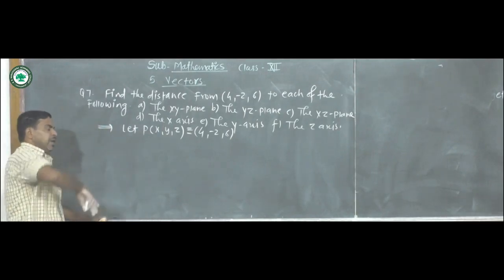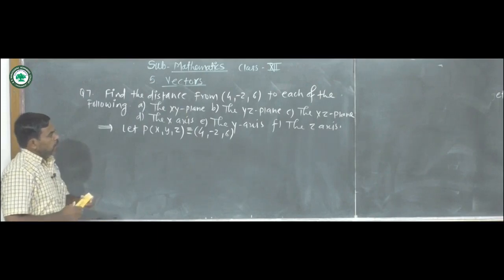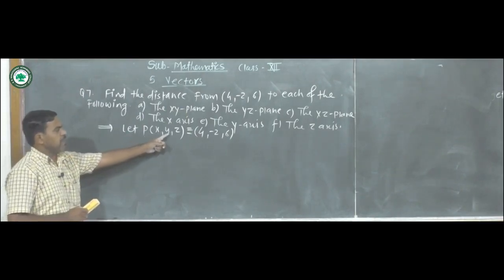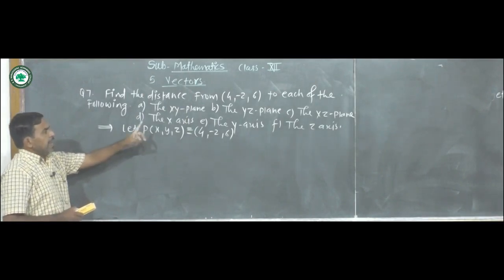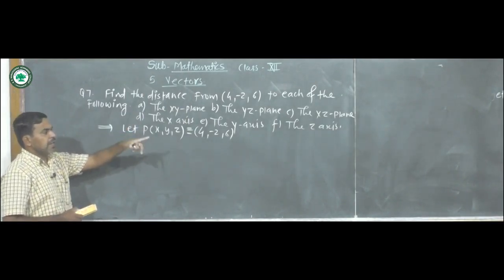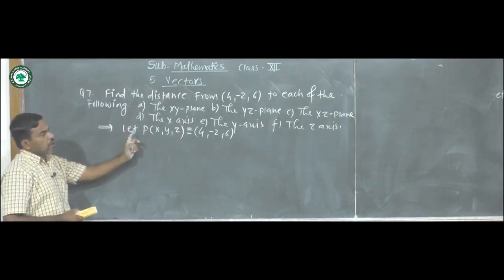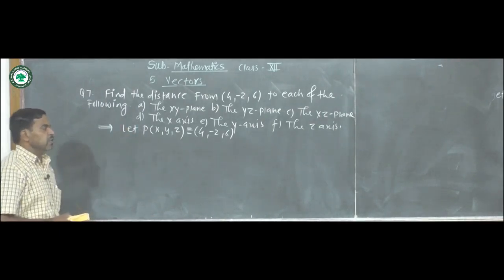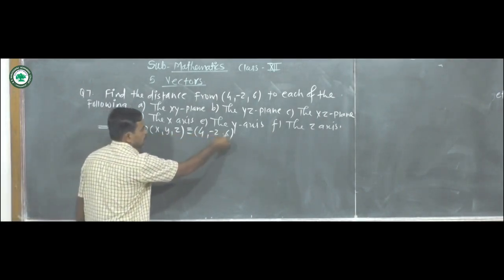In the theory part, means in the previous lecture, we have seen if the point in the space is XYZ, then the perpendicular distance of this point from XY plane is modulus of Z, from YZ plane is modulus of X, and from XZ plane that is modulus of Y. So here X, Y, Z are given to us, that is 4, minus 2 and 6.